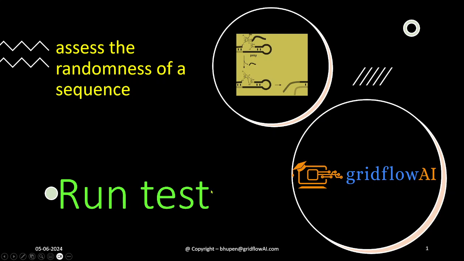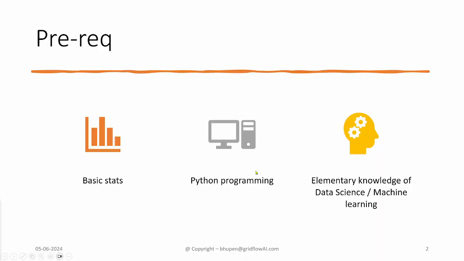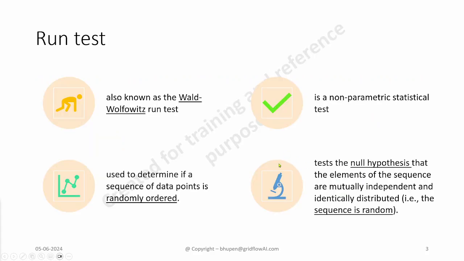So let's get started and see how this runs test is configured and how it is used in Python, and also understand the step-by-step details of runs test. A little bit of prerequisite knowledge about Python and basic probability and statistics would be useful, and some elementary idea of data science and machine learning would be really handy.